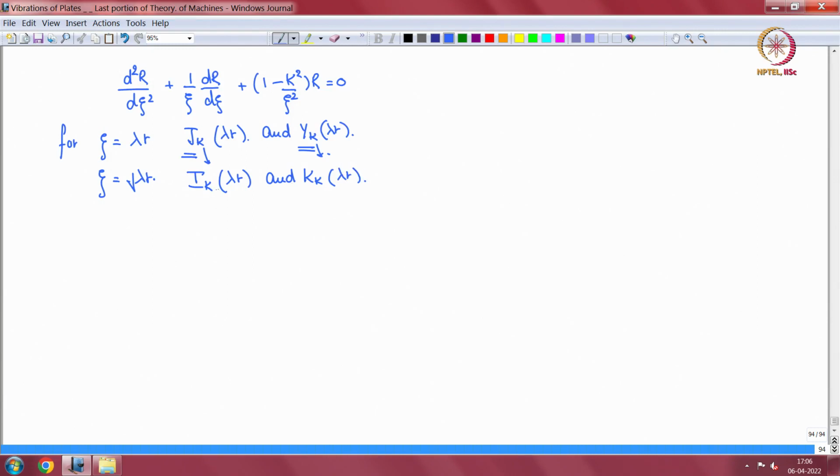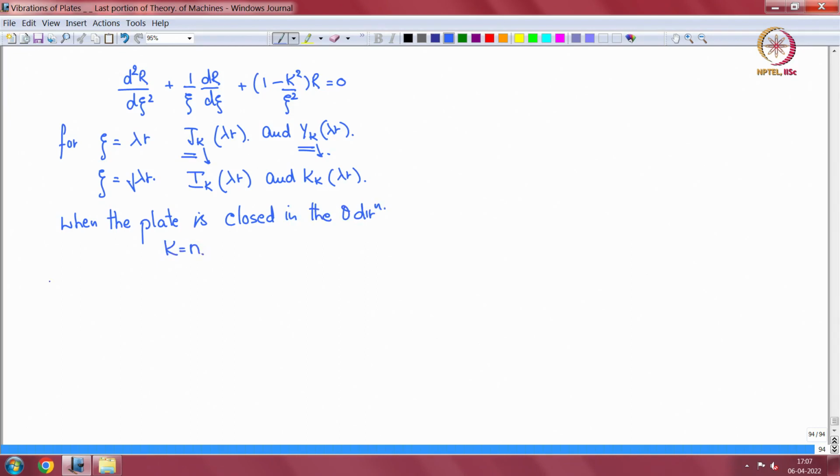These are modified Bessel functions of the first and second kind. Okay, and we said when the plate is closed in the theta direction, then k is an integer n.